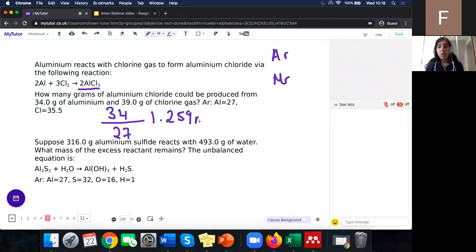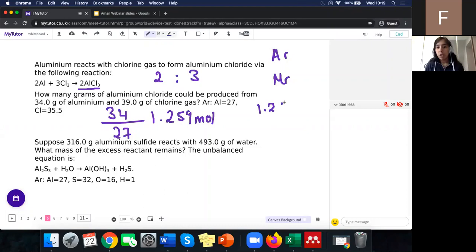So 1.259 moles. Then if we look at our equation, the moles of chlorine are 3 and the ratio is 2 to 3. So to convert this into the number of moles of chlorine, we divide by 2 to get what 1 mole is, and then we times by 3. And that's because the ratio is 2 to 3. So at the moment, this is representative of 2, but we want 3, so we divide by 2 and times by 3.